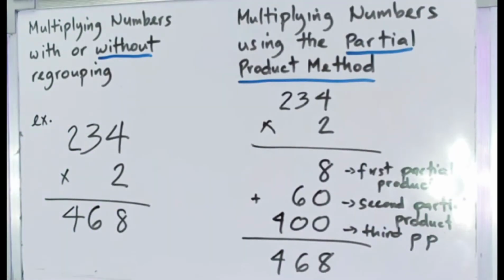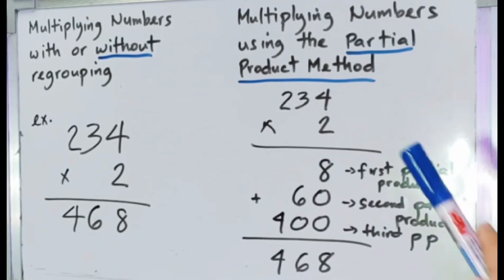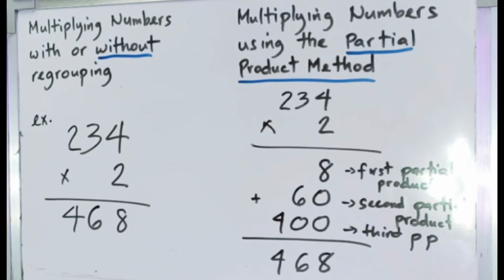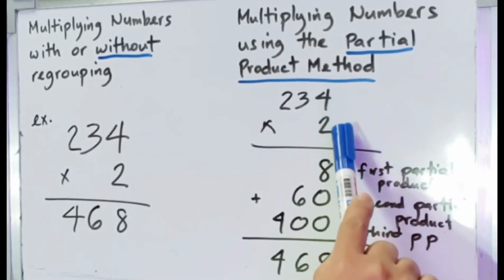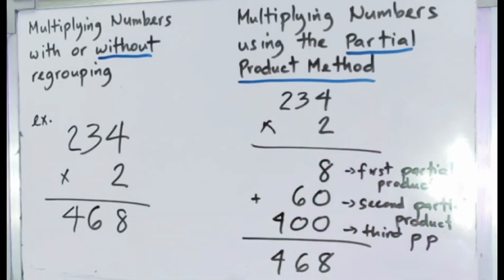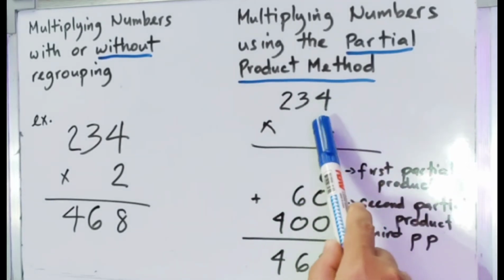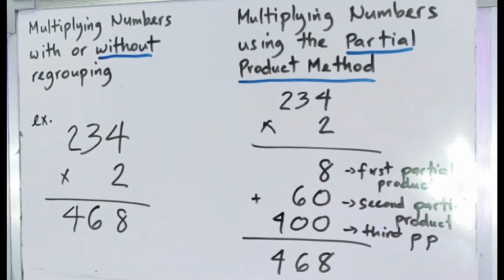But when we use the partial product method, now that we have a 3-digit number, expect that we have 3 partial products. The first partial product is obtained when we multiply these two numbers, 4 and 2, so that's 8. The second partial product is when we multiply 2 by the value of 3, which is 30.